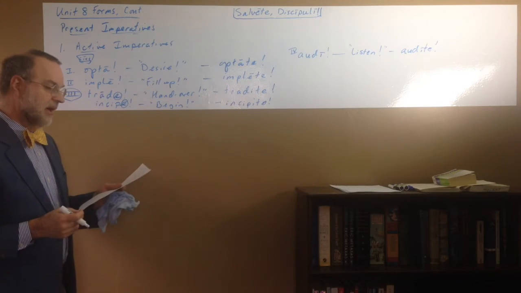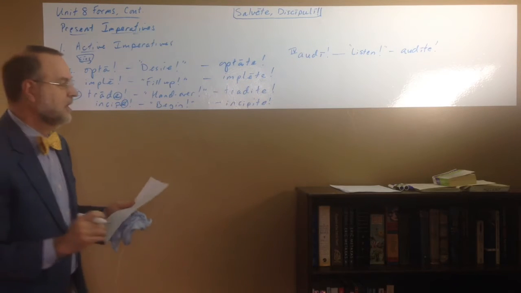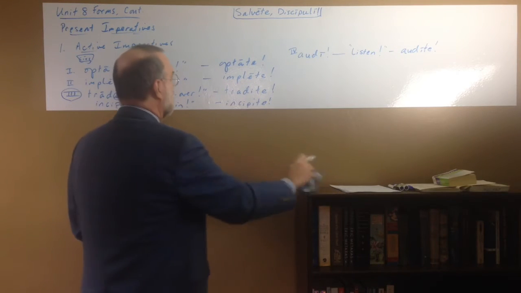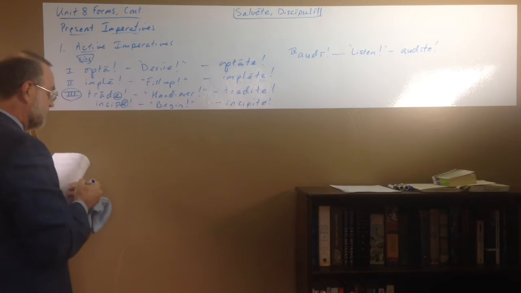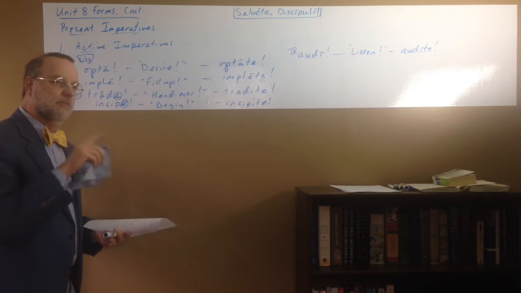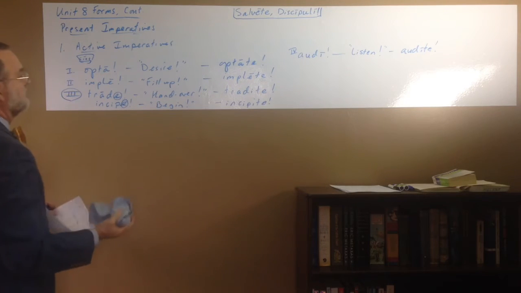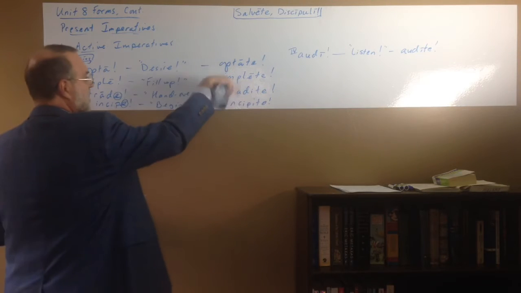Okay. All right, now I need to tell you about a few irregular forms. And the irregular forms are only in the singular. So the plural forms will, well, with the exception of one verb, the plural forms will, for the most part, be regular and look like these.